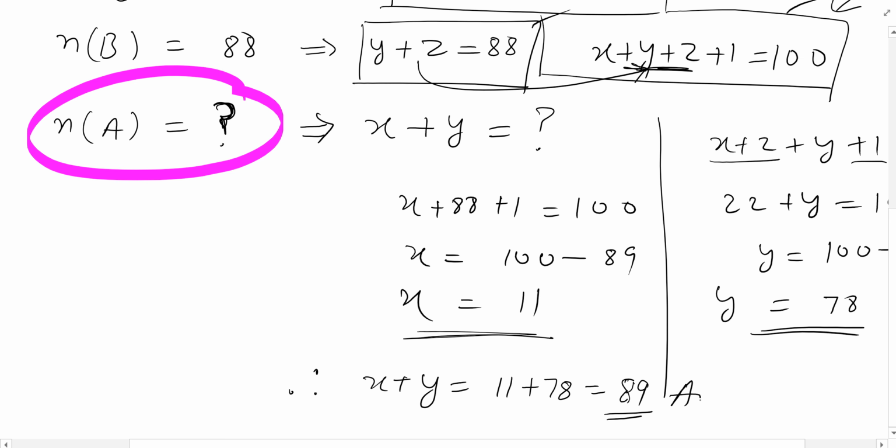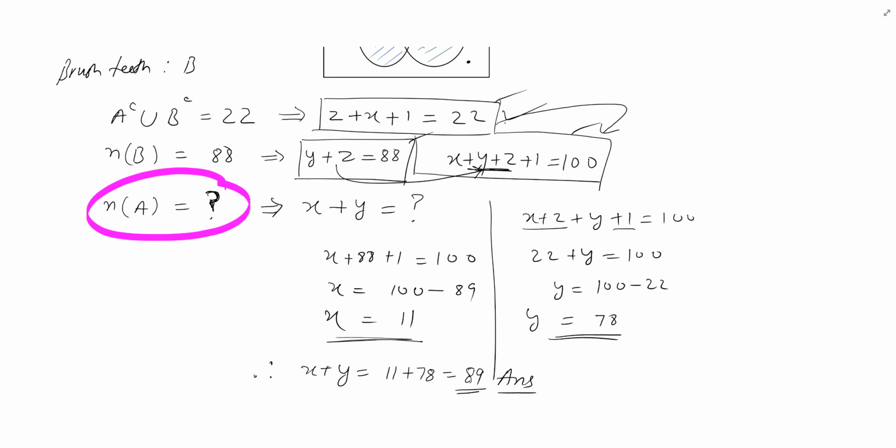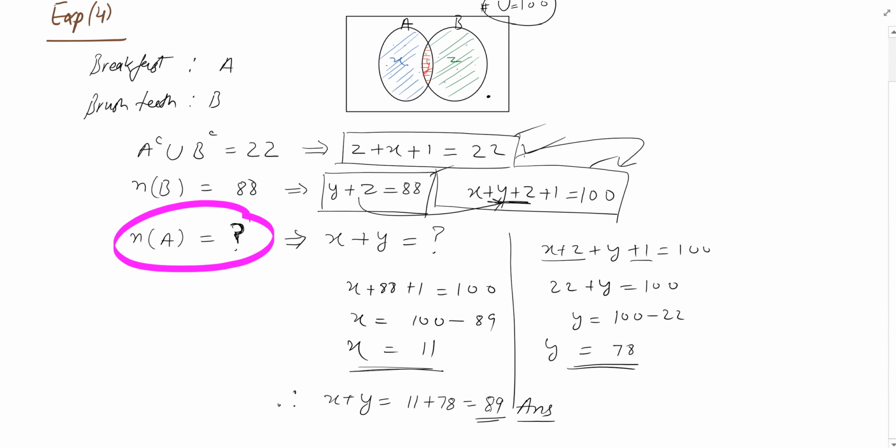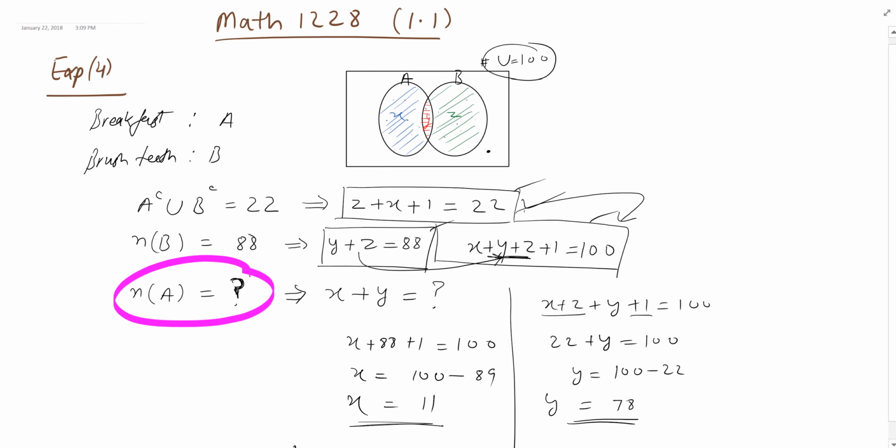So that is the answer. So the children who ate breakfast are 89. So that is one of the hard kind of questions in this section.